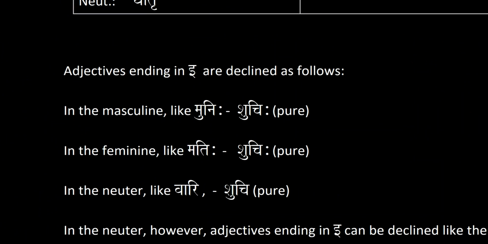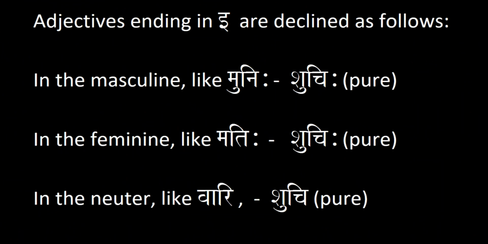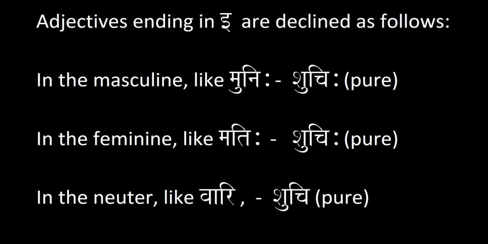As we see here, if we have to describe something that is masculine in gender, then we are going to decline suchi, or any adjective that ends in e for that matter, by changing it into suchihi. You put a visarga at the end, and then we decline it like munihi.